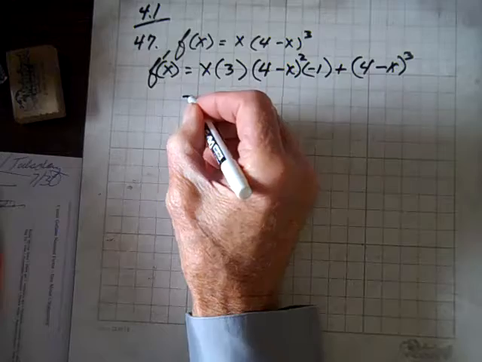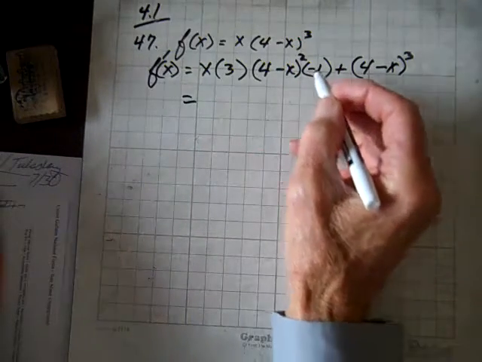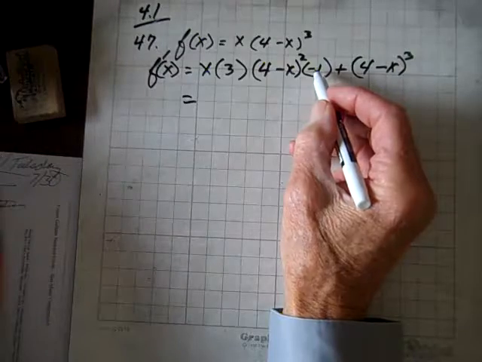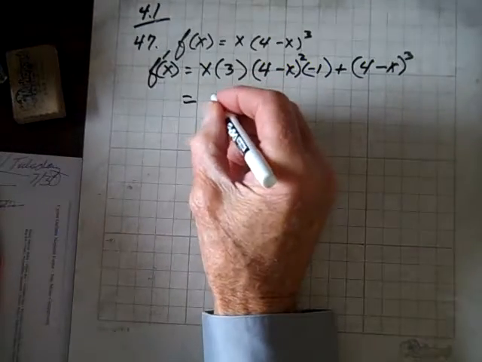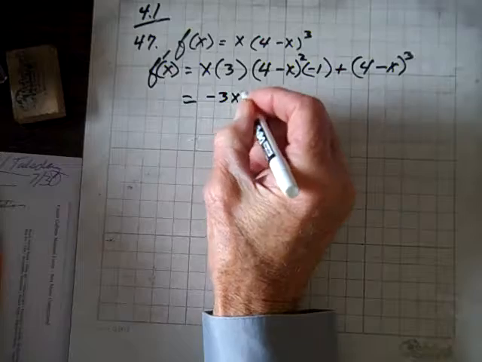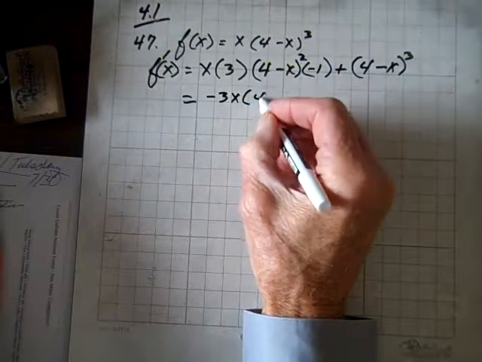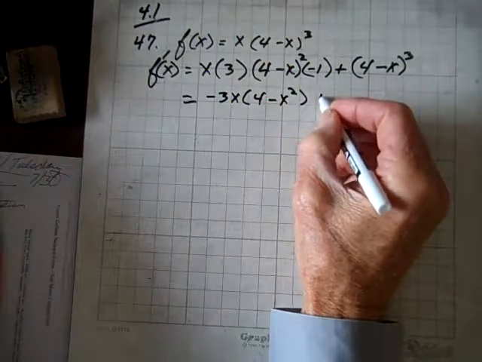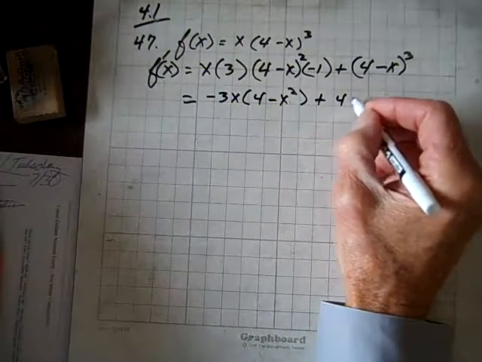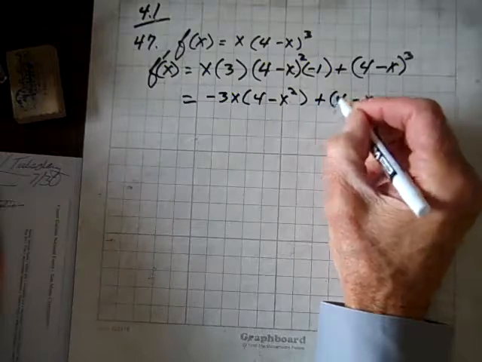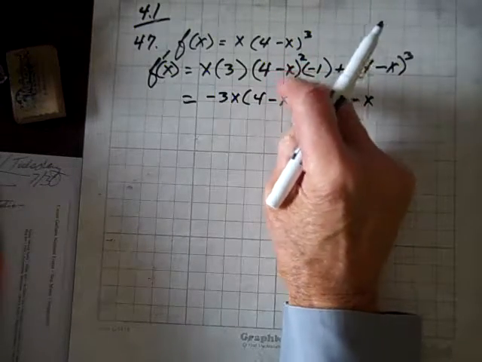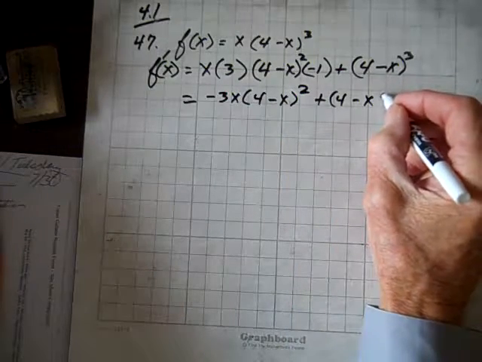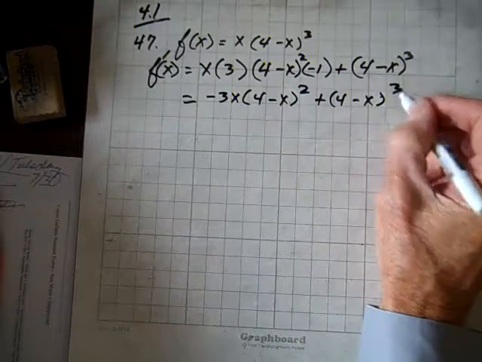And so this equals, well, if I take that negative and multiply it times 3, I'll have negative 3x times the quantity 4 minus x squared plus 4 minus x, this quantity. And by the way, that quantity is squared. The x isn't squared. Excuse me. That's 4 minus x quantity cubed.